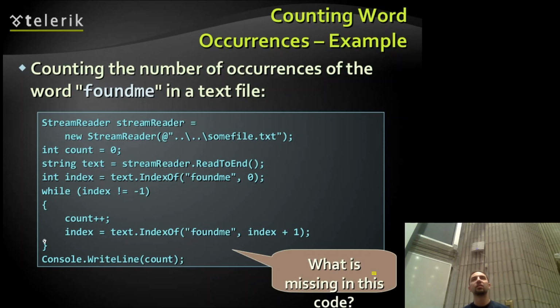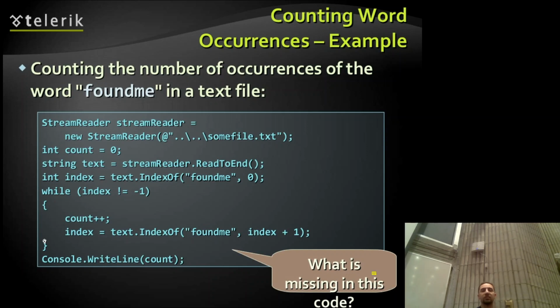Starting at index 0, it asks, does index 0 equal an F? If it does, it tries to see if index 1 is an O, and then 2 is a U, and so on and so forth. If it finds all of the letters in "found me", it returns index 0, because that's where it started. If at any point it fails to find any of those letters, it moves on to the next index. So it starts searching at index 1 for "found me", and then index 2, until it finds it.